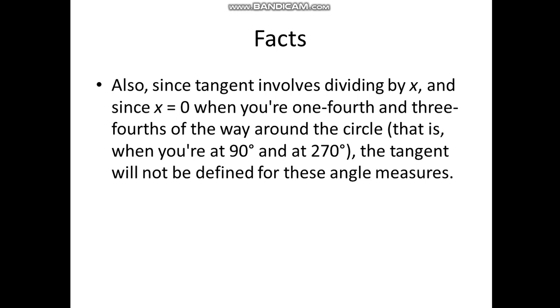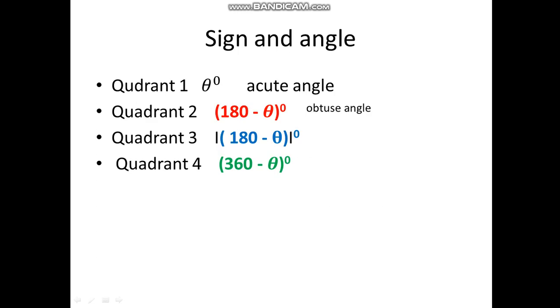Meaning that if you pick your calculator and check tan 90 degrees and tan 270 degrees, it will be undefined. All this is related to the sign and the angle. So in the first quadrant, your angle remains acute as far as it's less than 90 degrees.